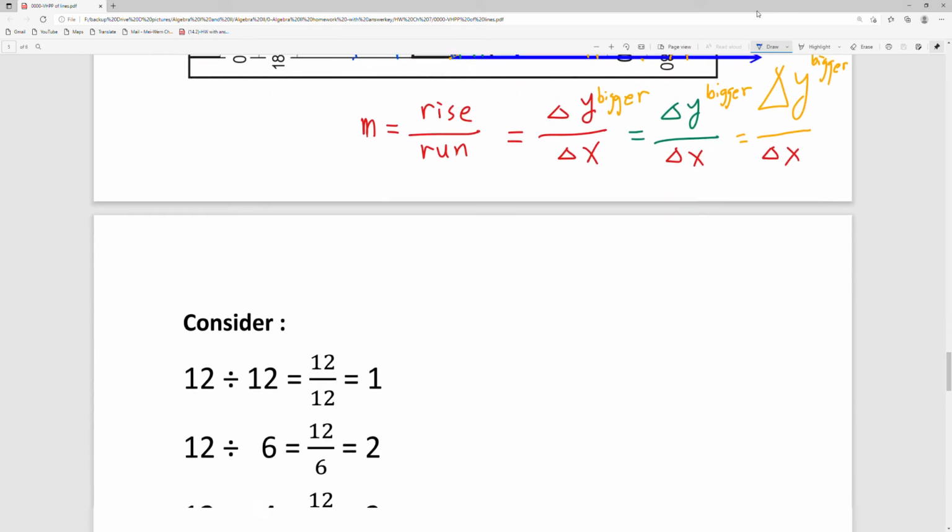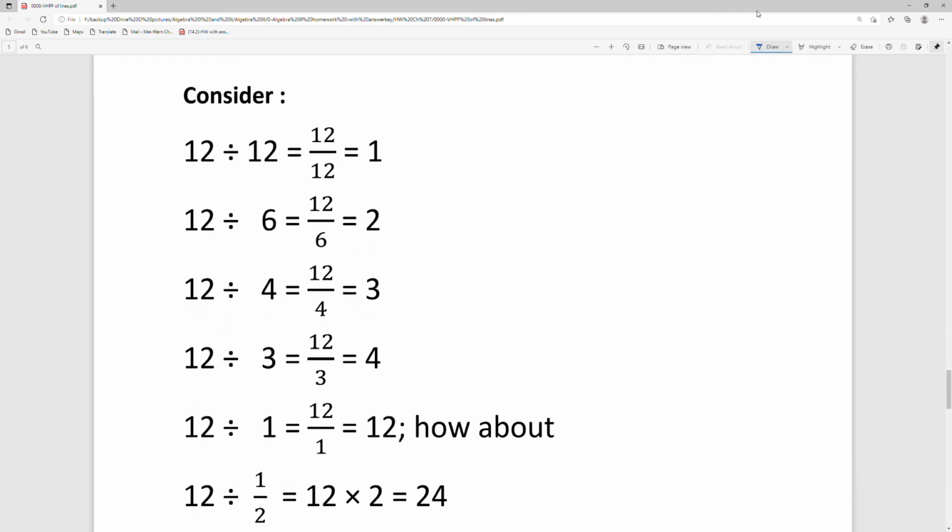Okay, so I have some calculation want to show you the idea. If you have 12 divided by 12, answer is 1.